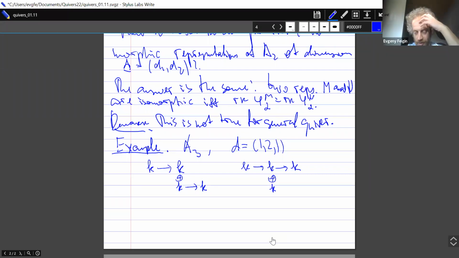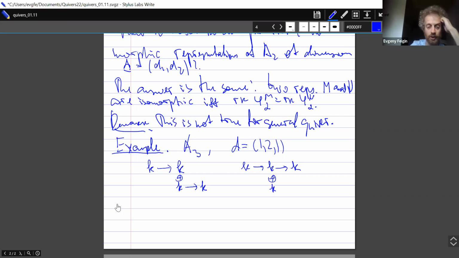It seems we have all ranks equal to 1, but the ranks of compositions are different. So the decompositions into indecomposables are different, therefore the representations are not isomorphic, but indeed, as you said, we can compare the ranks of the compositions and they are different.